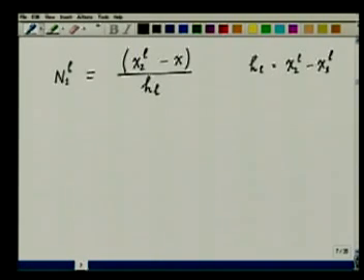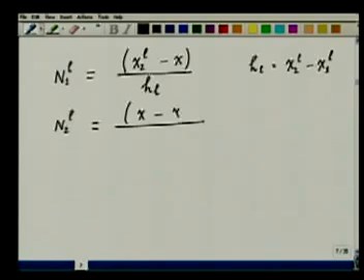And note that here what happens when I put x1L, that is at the point x is equal to x1L, I get N1L is equal to 1, and at the point x is equal to x2L, N1L is equal to 0. Similarly, N2L, since it is 0 at the point x1L and 1 at the point x2L, is equal to x minus x1L divided by HL.